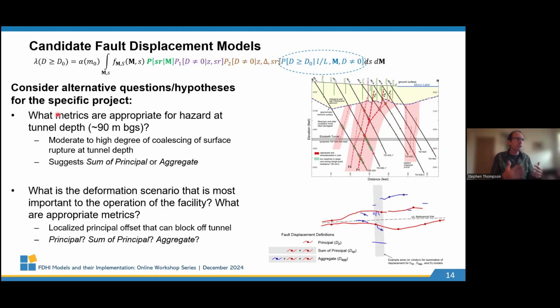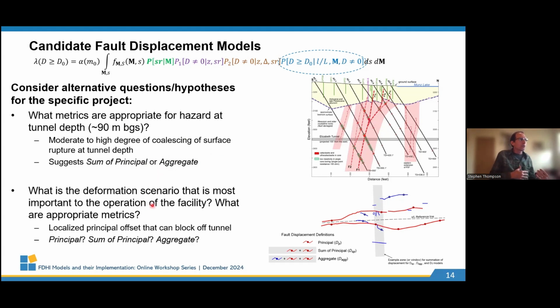When we ask what definitions or metrics are appropriate for hazard at tunnel depth, around 90 meters below ground surface, it's reasonable to expect there's some degree of coalescing of those surface fault traces with depth. That right away suggests that the sum of principal or aggregate displacement models may be most appropriate to understand what sort of displacements we could expect on that principal fault zone.